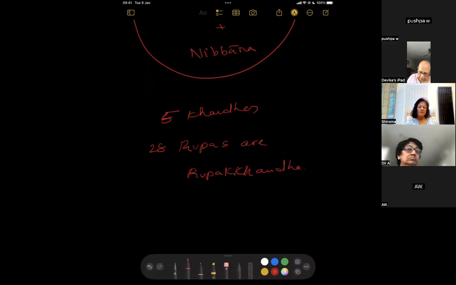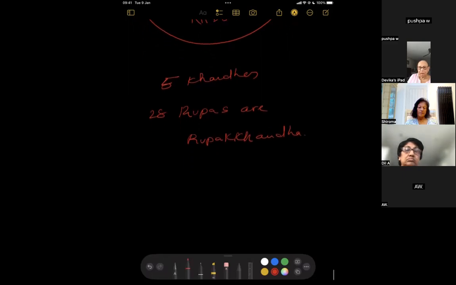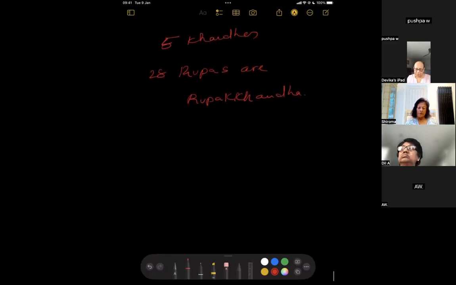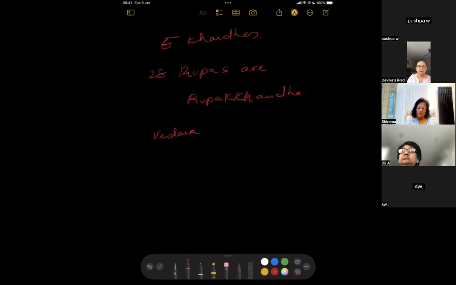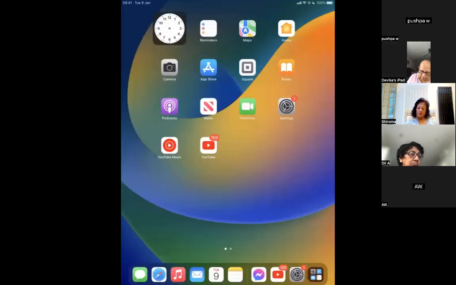Devika, next time when writing, you won't get puzzled. Padma and everyone else, write it like this. 5 Khandas, 28 Rupas are Rupa Khanda. Vedana Chetasika is Vedana Khanda.